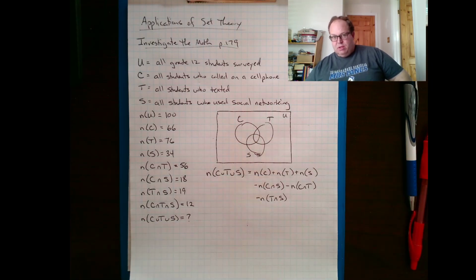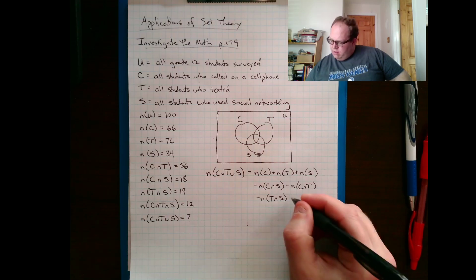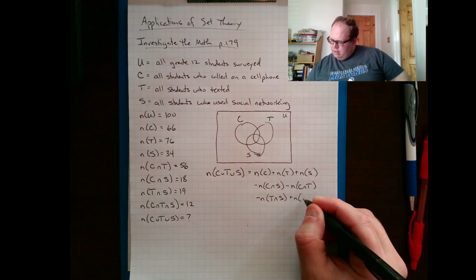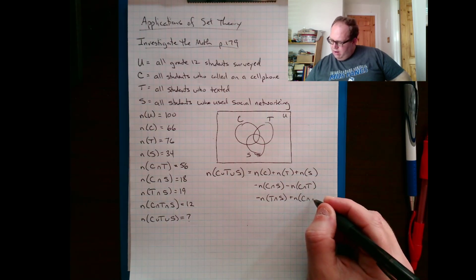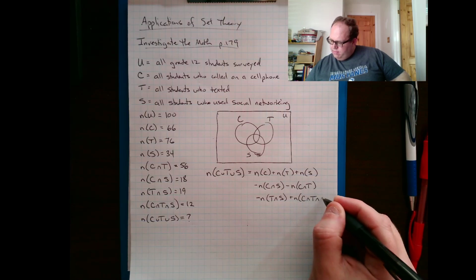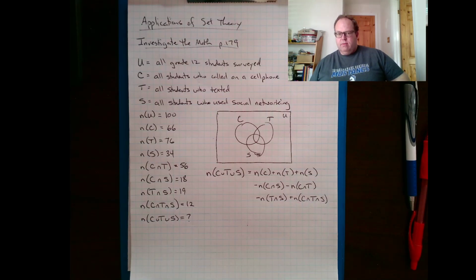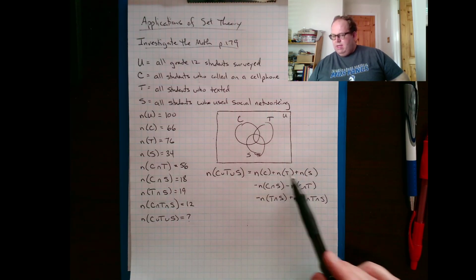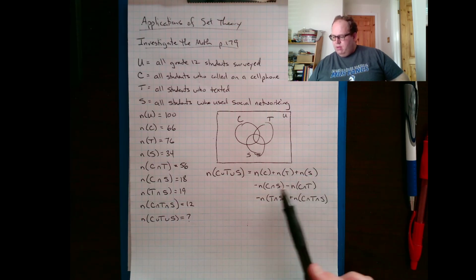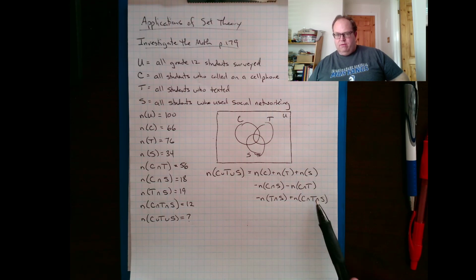So that means it's completely gone from my numbers now, so I have to add it in at the end, and that is the intersection of all 3 sets. So this should give me how much is in that entire region: the numbers in C, T, and S added up, minus the overlaps, plus the middle overlap that I would have gotten rid of completely when subtracting.